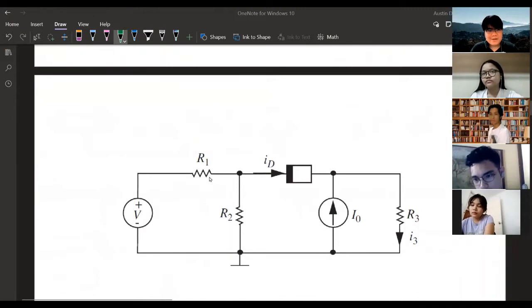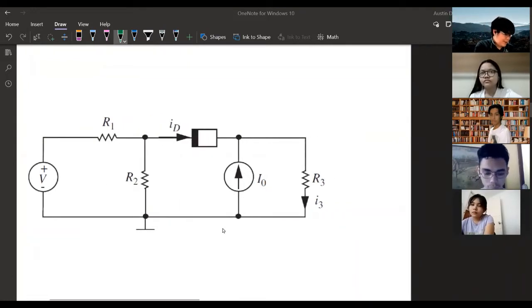Ano ibig sabihin nun? Kapag kasama siya dun sa circuit na ginagalawan mo, like siya yung kukumputin mo yung resistance niya, hindi siya pwedeng ganun. So pag tinake out mo na siya ngayon sa system mo, then you can still do the superposition for the other parts of your circuit. Okay?